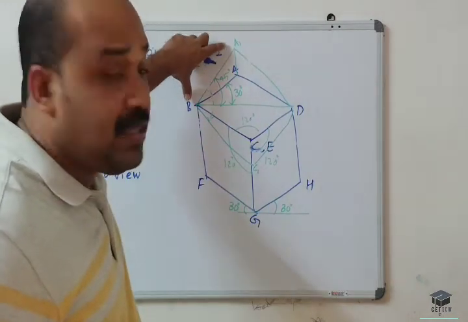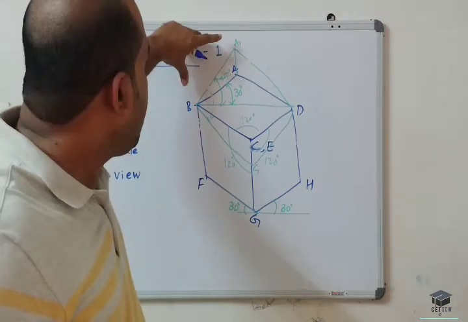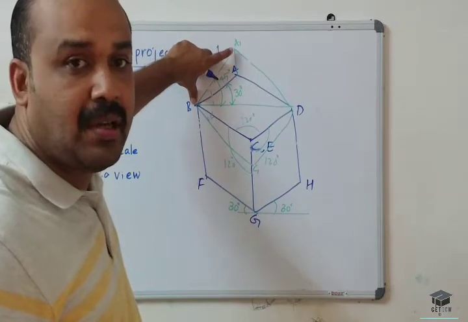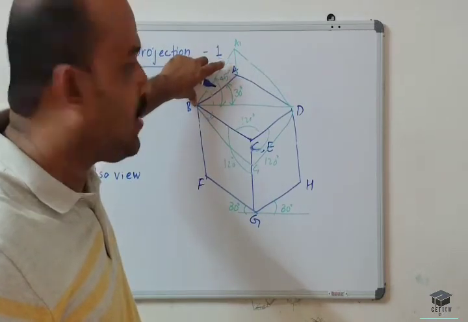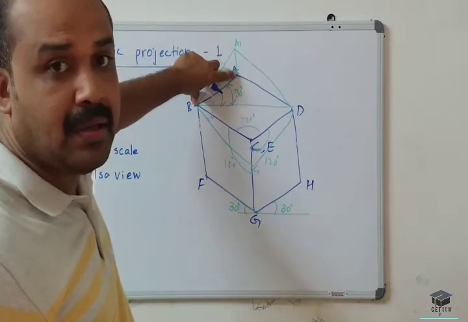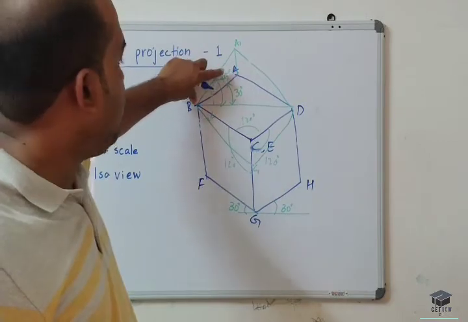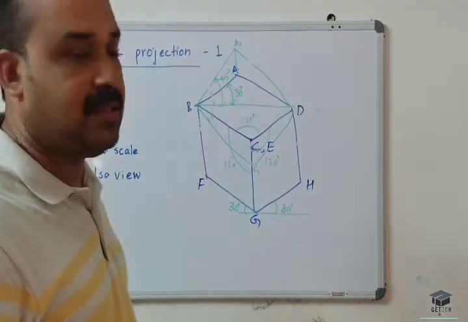So A1B is the actual edge and it makes 45 degree. The corresponding isometric edge makes 30 degree with the x line.